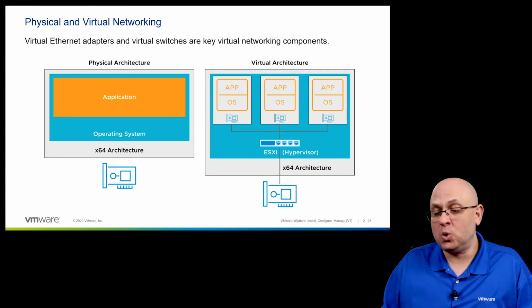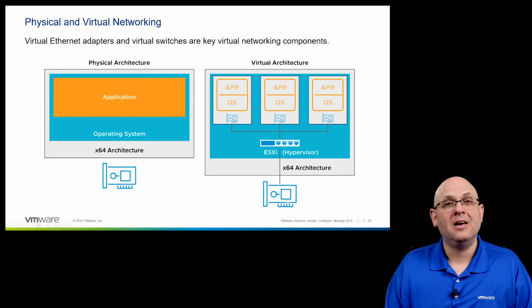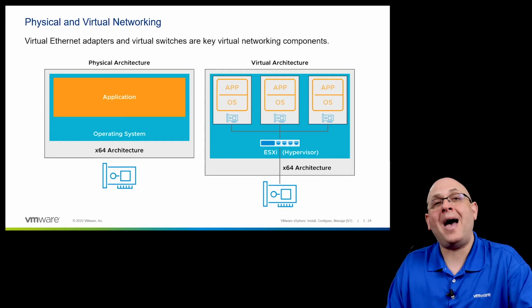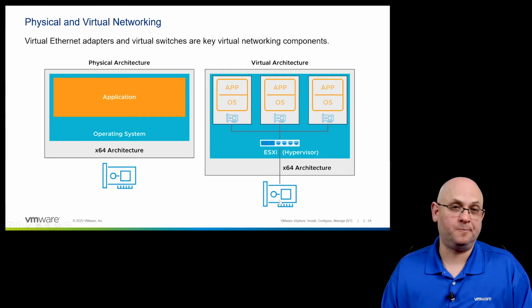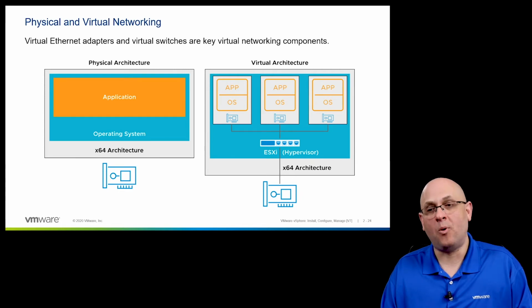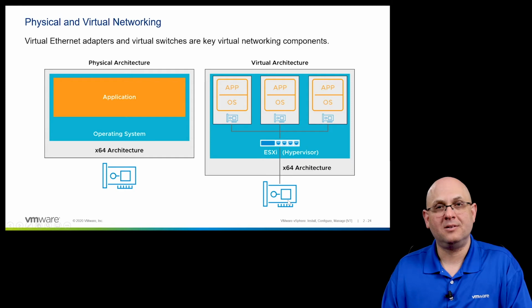on that switch to, say, a core switch. Well, in my virtual world, every single virtual switch has at least one uplink, and it provides pass-through access to a physical port. That physical port on a physical ESXi host.